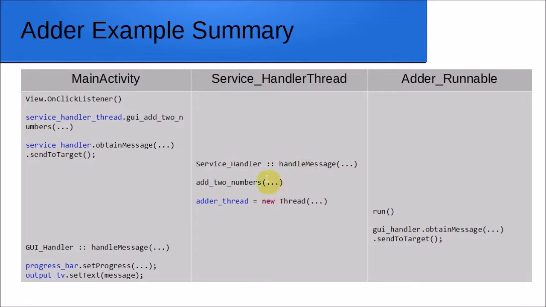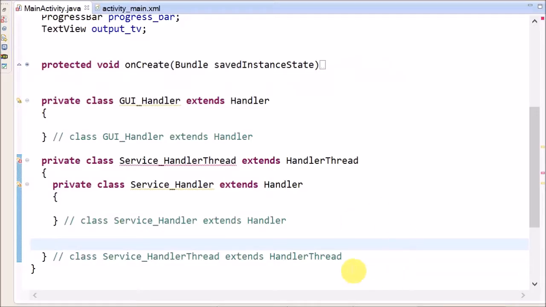I'll be stuck processing the add. Hopefully it'll be more clear once I code the example. But there's another thread for adding the two numbers, so I'll just stuff it in here. This is like a top-down approach, I guess, to designing this thing.